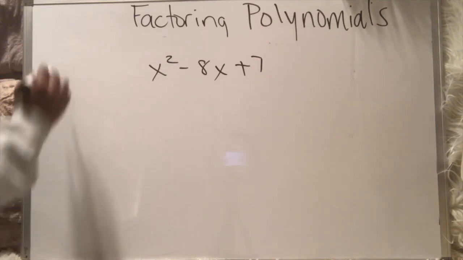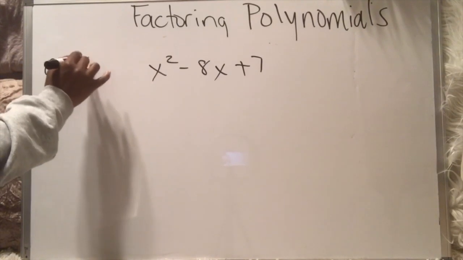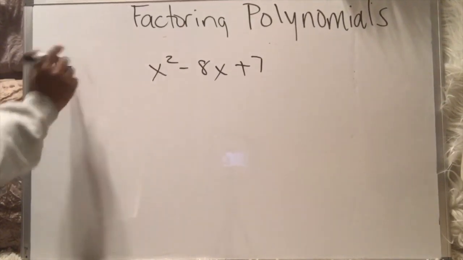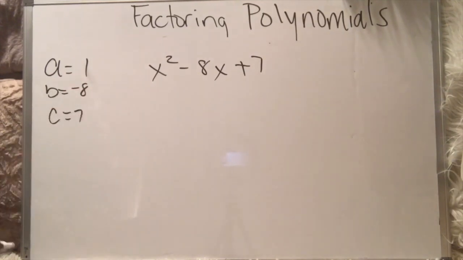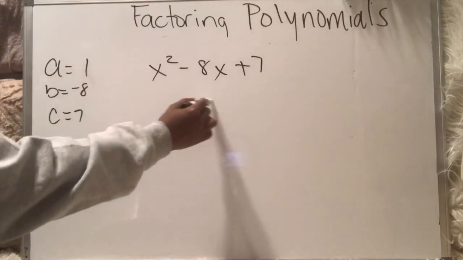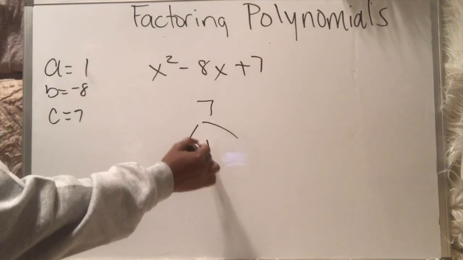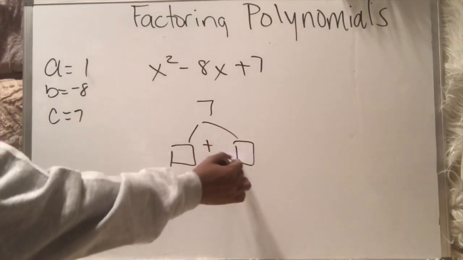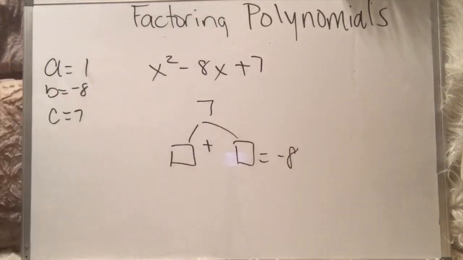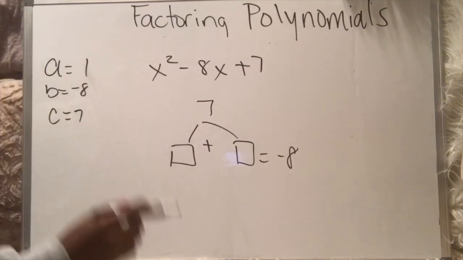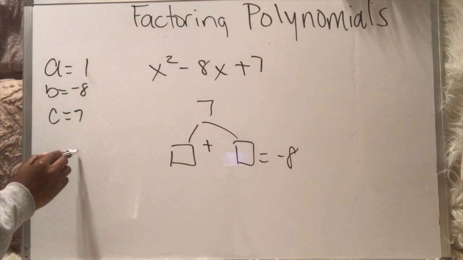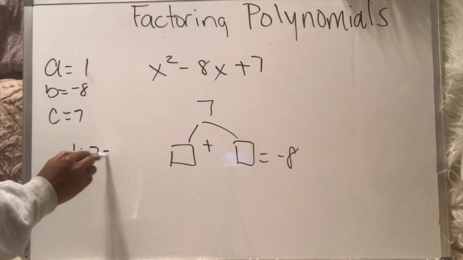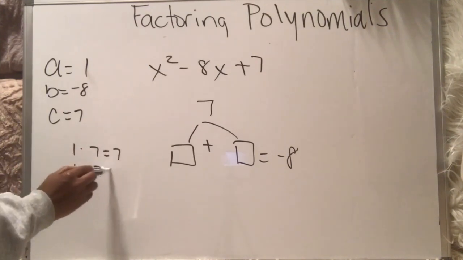Pause the video. We have A equals 1, B equals negative 8, and C equals 7. 7 times 1 is 7, and B equals negative 8, which is different than what we have done, but you can do it. We know that 1 times 7 is 7, and 1 plus 7 is 8.